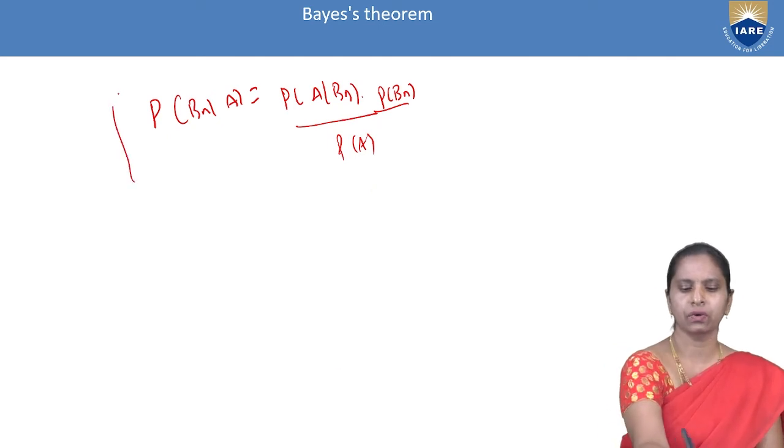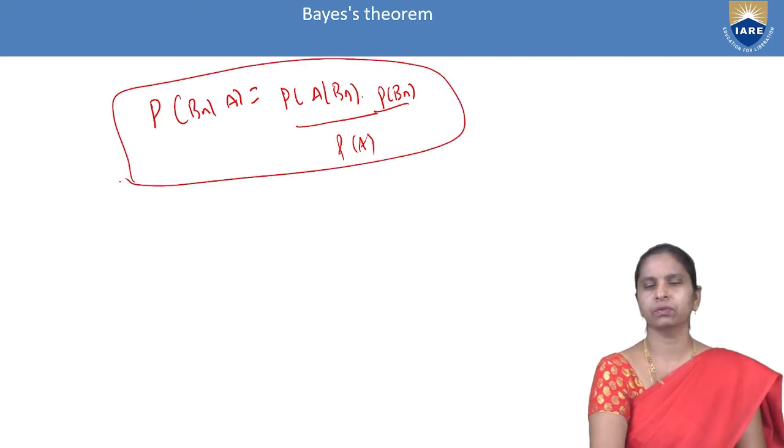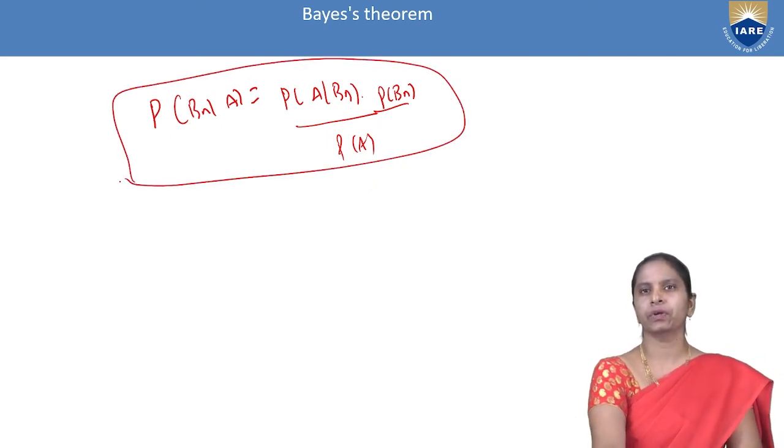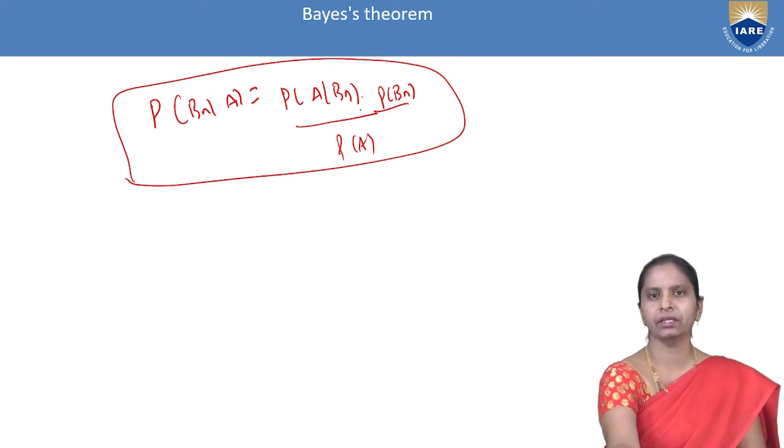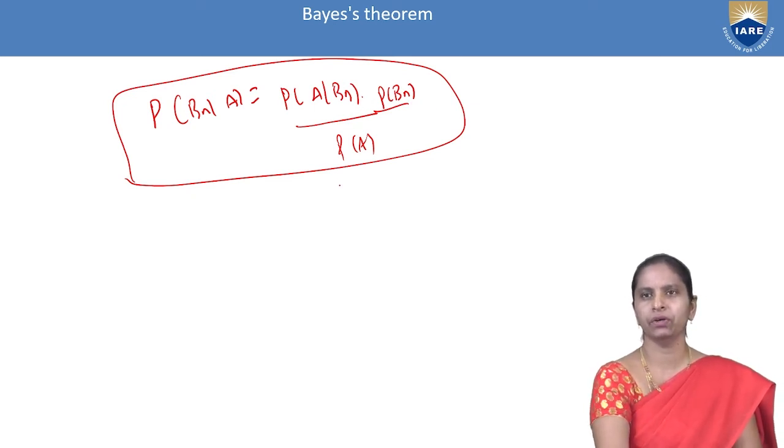This is the total probability. The probability of the event Bn given the conditioning event A is equal to P of A given Bn into P of Bn divided by P of A.